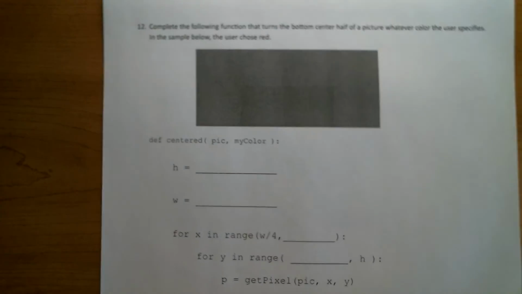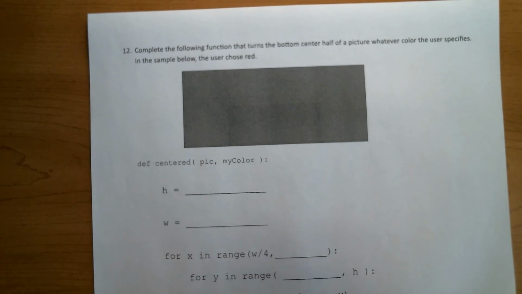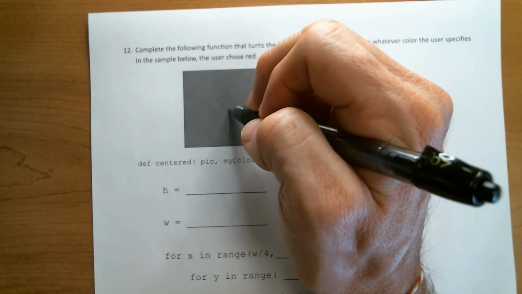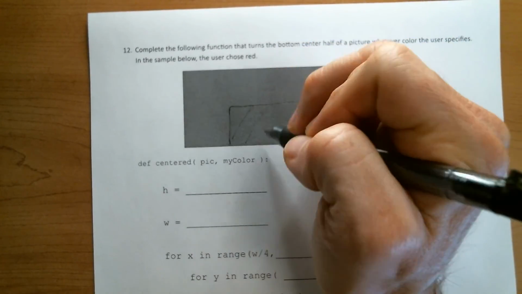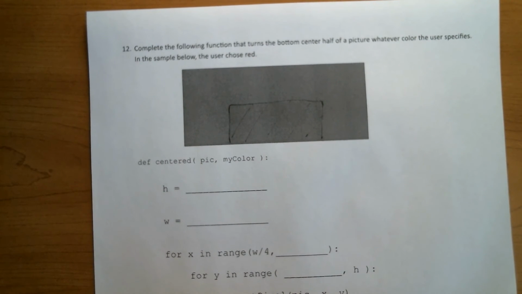All right, complete the following function that turns the bottom center half of a picture whatever color the user specifies, and in the sample below the user chose red. It's hard to tell on this photocopy, but basically there's a rectangle right here that they're shading. So again, it's another one of these.